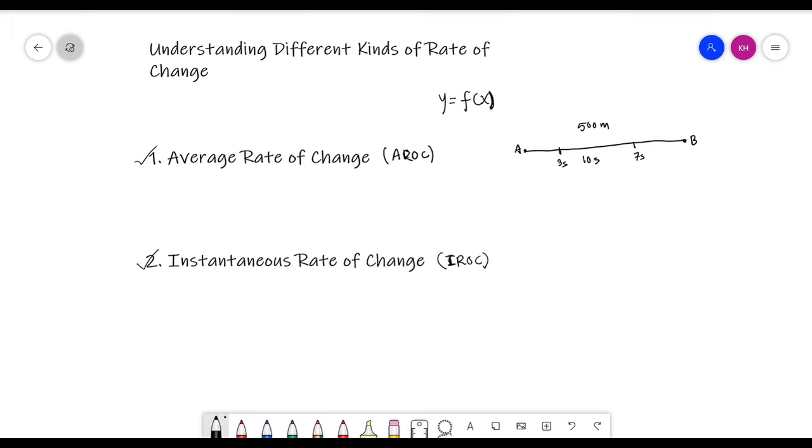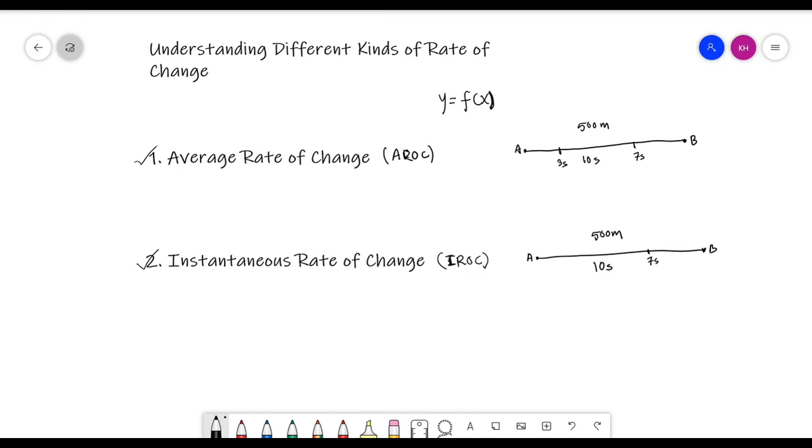On the other hand, instantaneous rate of change, IROC, is the rate of change at a specific instant. For example, if we take the same journey from point A to point B, and it takes me 10 seconds to travel the whole distance of 500 meters, and I ask you to find the rate of change at exactly t equals 7 seconds.